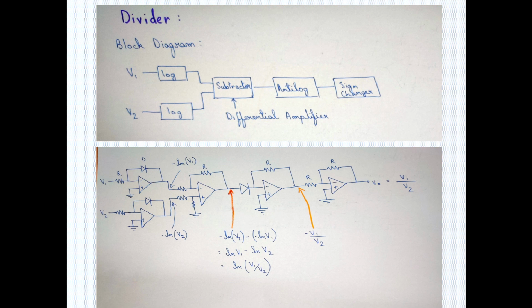The output we get here will go to the anti-log, which will remove the log, so we get V1 by V2. Since it is an inverted amplifier, the sign will change from positive to negative, and the output from the anti-log will go to the sign changer, which will change the sign, and the final output will be V1 by V2.